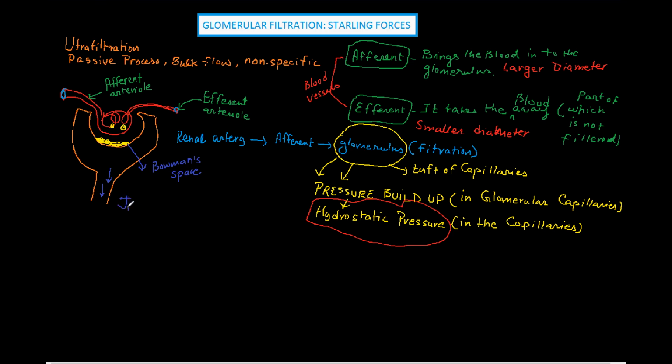That's J, V equal K F, H P C minus P I minus pi C minus pi I. Okay, so that's the formula for the Starling forces, and we're going to talk about it.